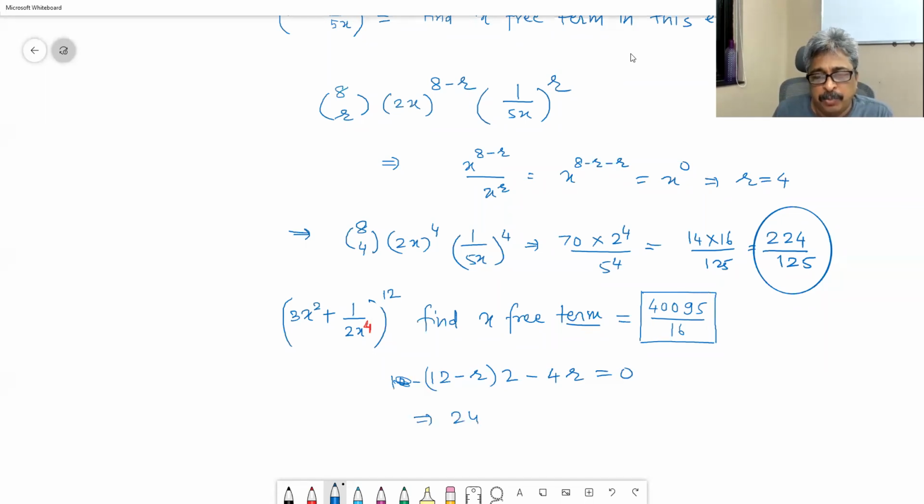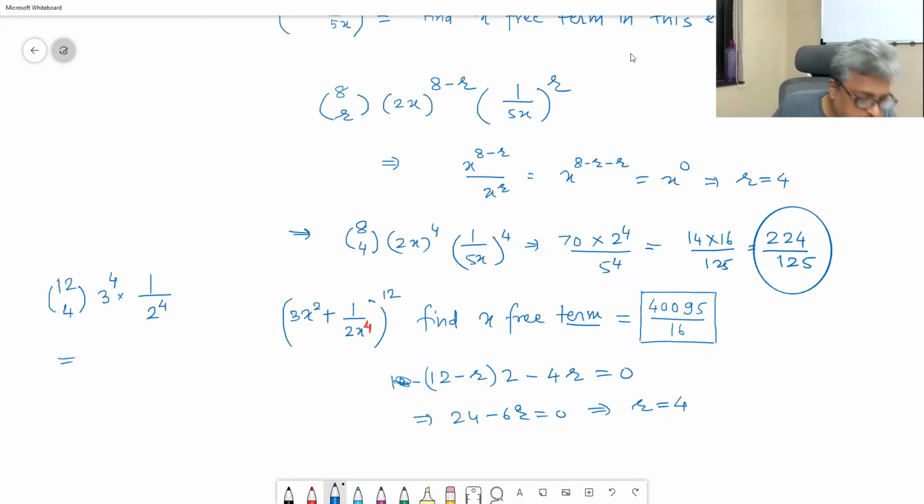That makes it 24 minus 6r is equal to 0, which implies r is equal to 4. And therefore, using the binomial theorem, it is 12 choose 4, 3 raised to 4 into 1 upon 2 raised to 4.